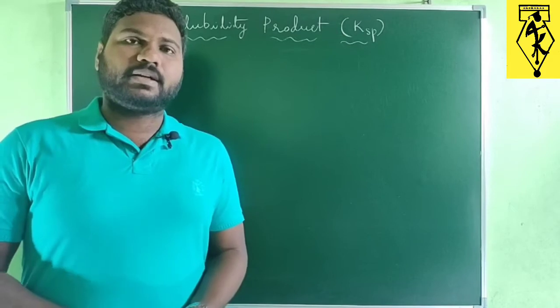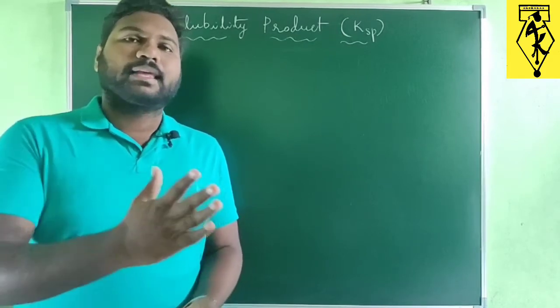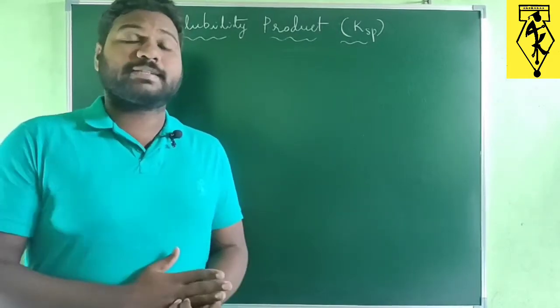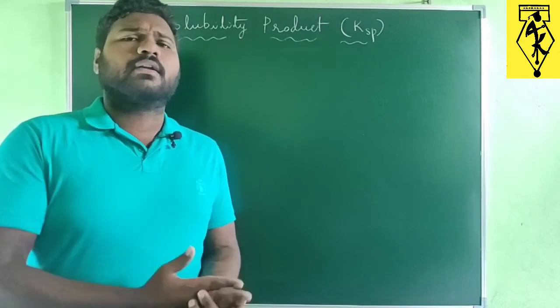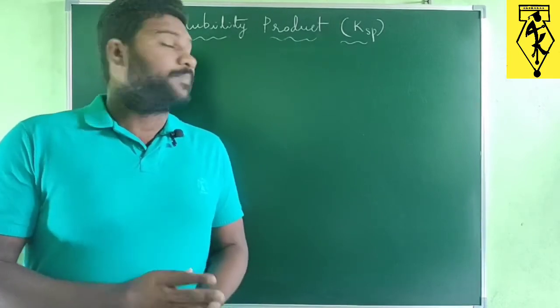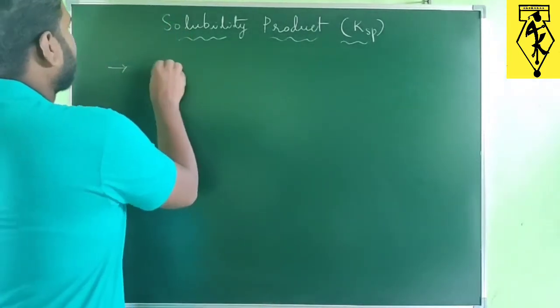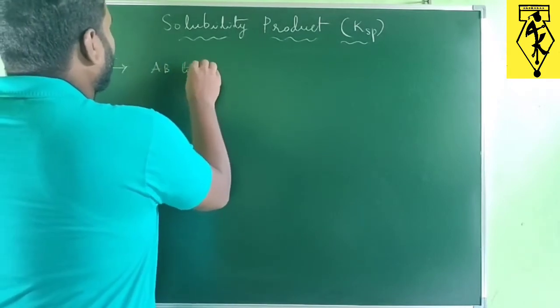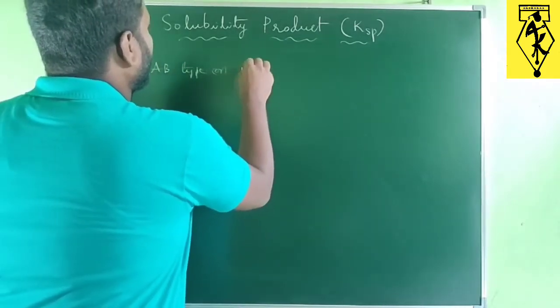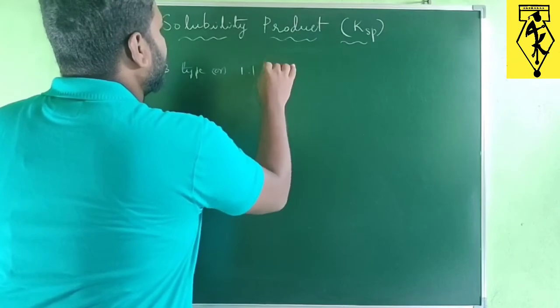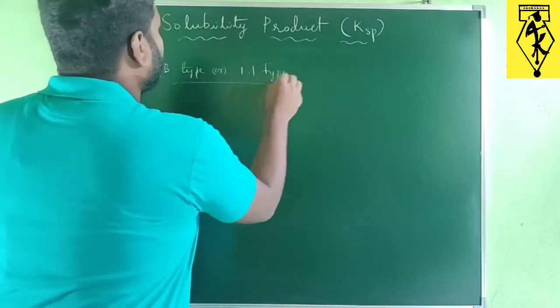Now we'll discuss different expressions for solubility product. First we'll discuss AB type electrolytes, or 1:1 type electrolytes.